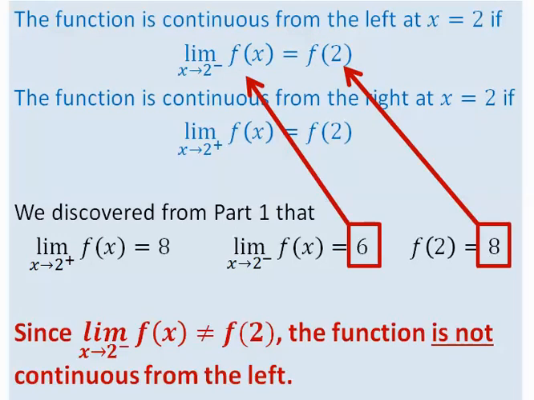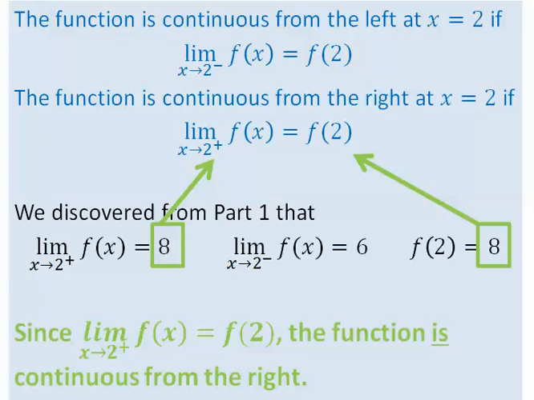Since the limit as we approach 2 from the left is not the value of the function at 2, the function is not continuous from the left. Since the limit as x approaches 2 from the right is the same as the value of the function at 2, the function is continuous from the right.